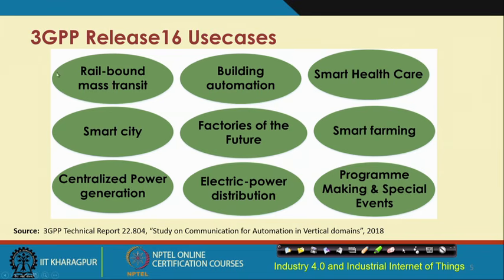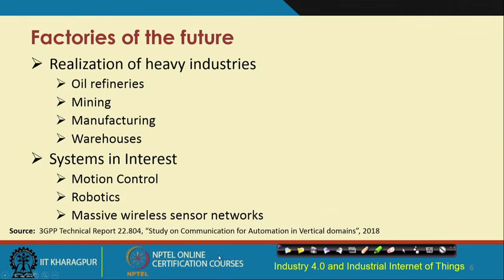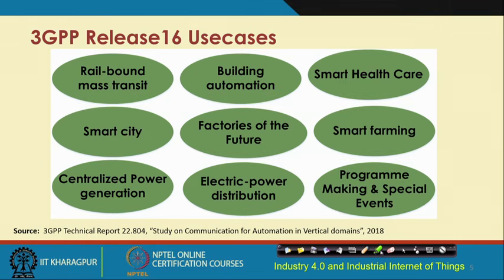The first one is the support for rail bound mass transit, building automation, smart healthcare, smart city, factories of the future, smart farming, centralized power generation, electric power distribution, programme making and special events. These are the different use cases that are supported by the 3GPP Release 16.